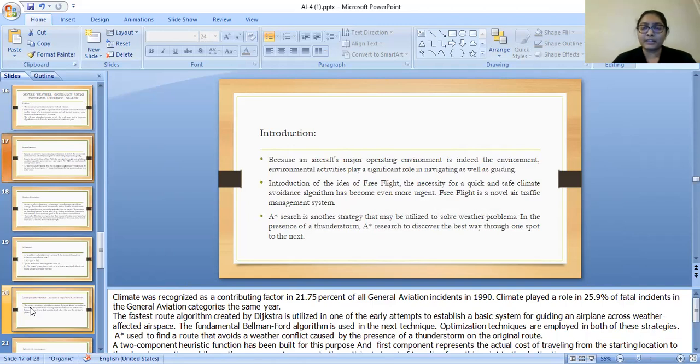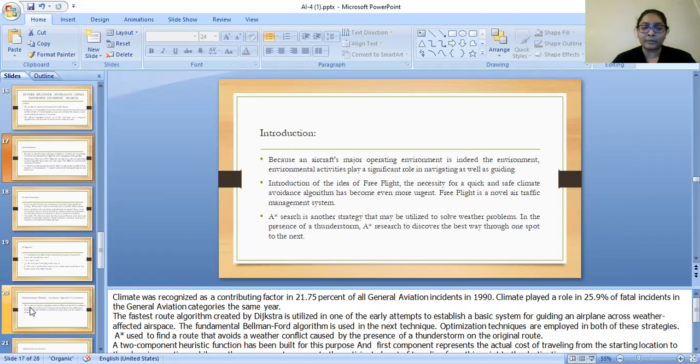Free flight is a novel air traffic management system. A-star search is another strategy that may be utilized to solve weather problems. In the presence of a thunderstorm, A-star search is used to discover the best way from one spot to the next.